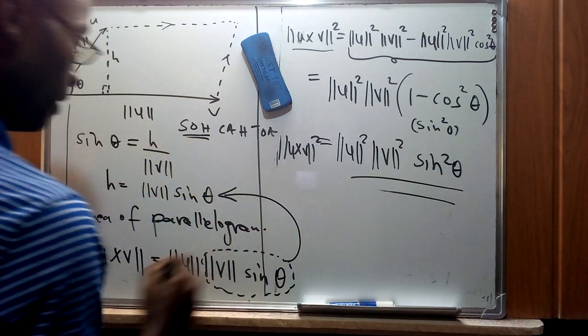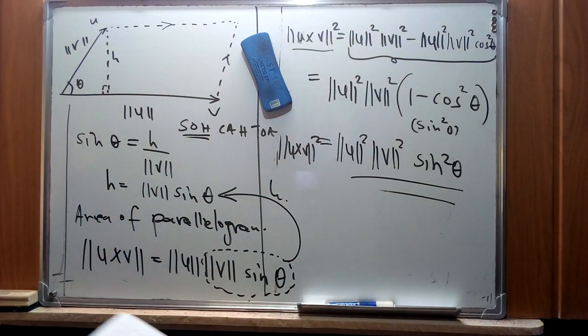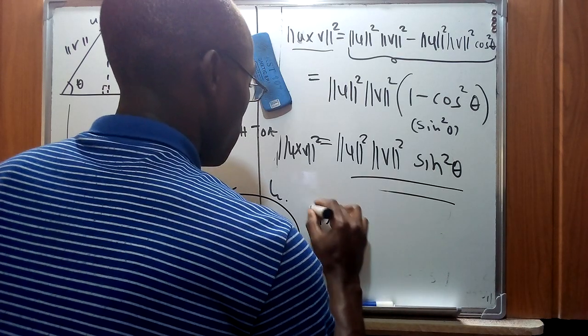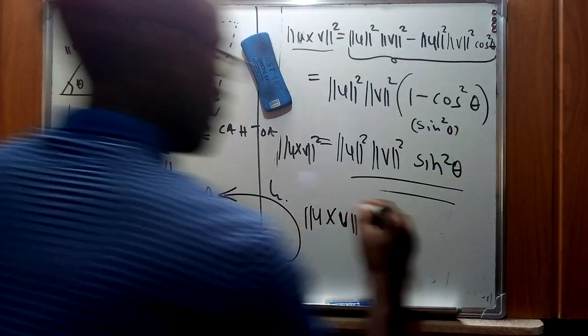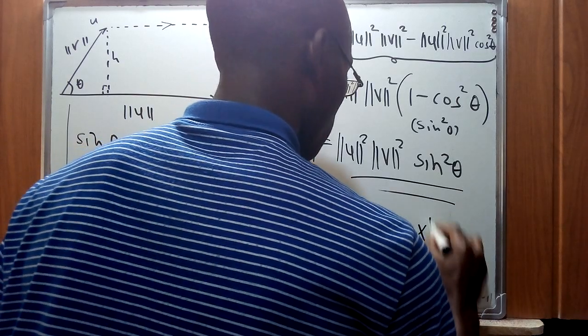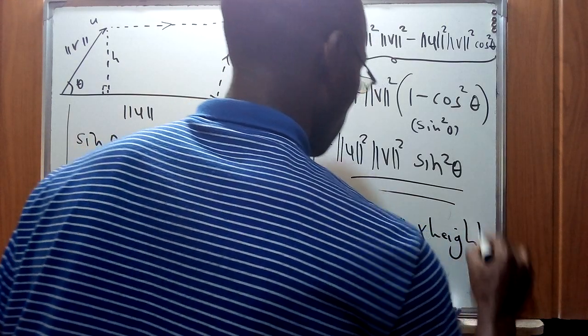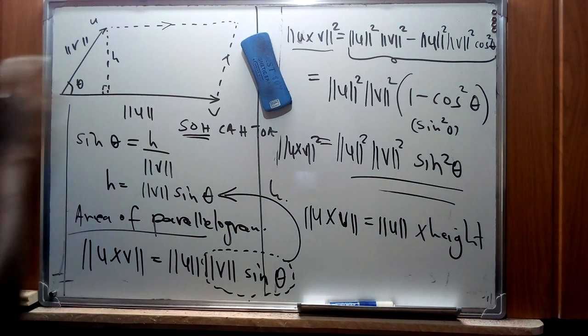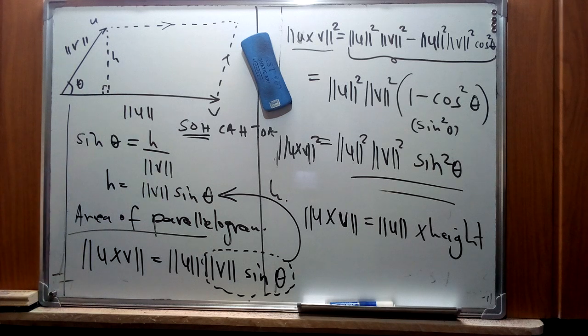So this basically is the height, which is going to be represented as h. Therefore, that formula is going to be the norm of u times height. So the area for this specific parallelogram is going to be the norm of u, which is base, times height, basically, when we try to find the area of a parallelogram.